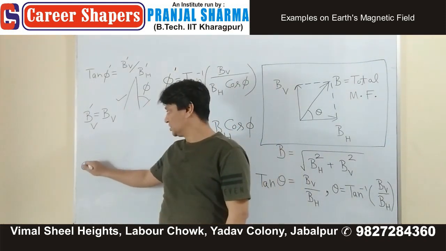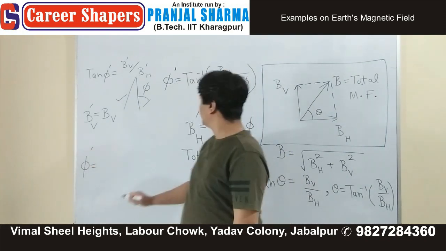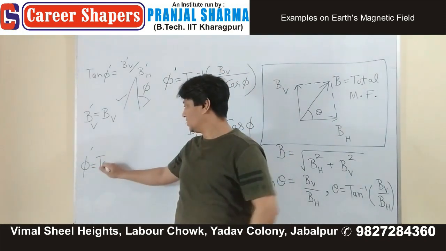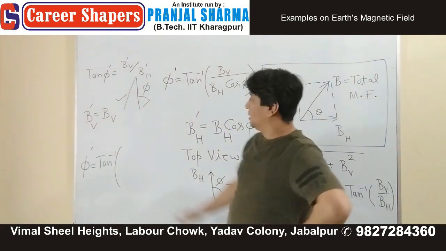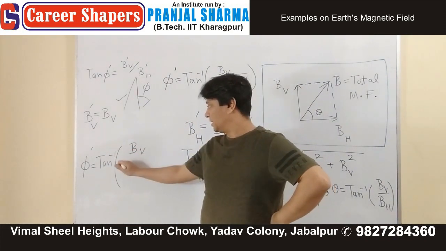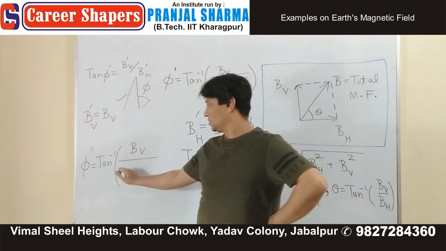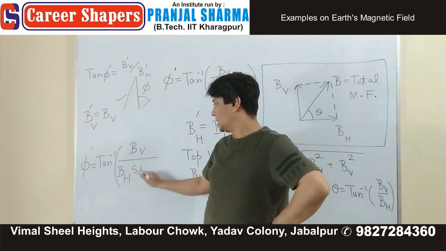Suppose it is given in this form: tan inverse BV divided by BH sine phi.